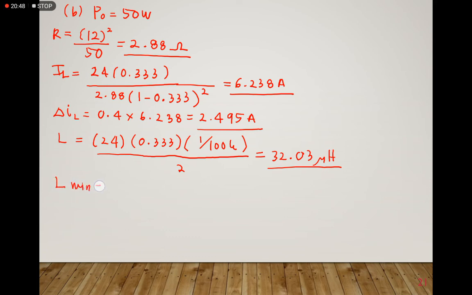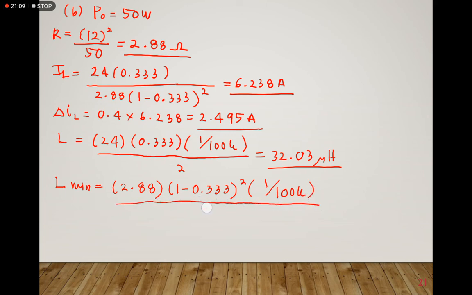Substitute the values that have changed, over 2. So the L-min that you get is 6.41 microhenry.